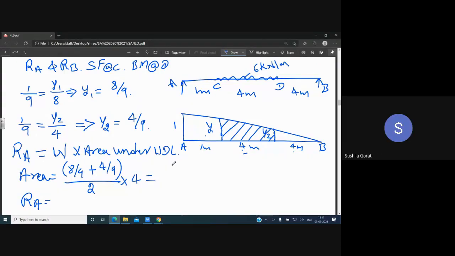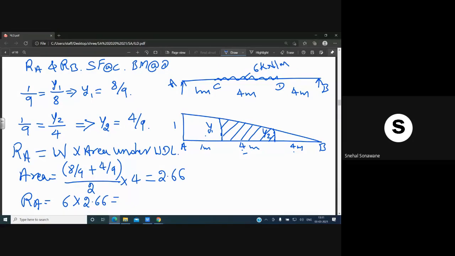Therefore, area is equal to 2.66. And reaction at A point can be given as, quantity is 6 into 2.66.